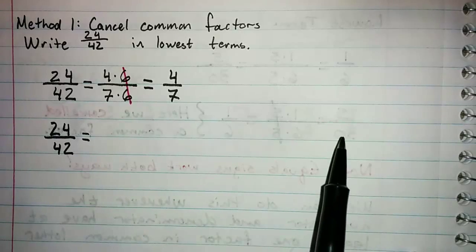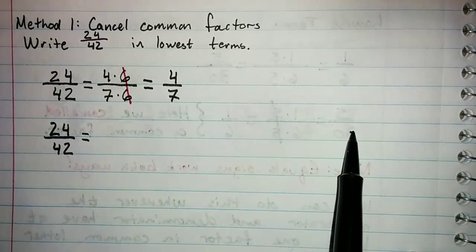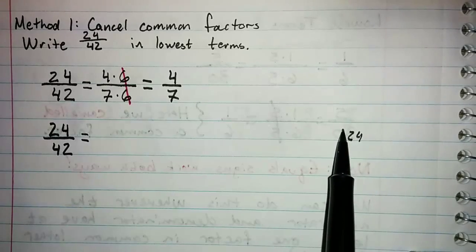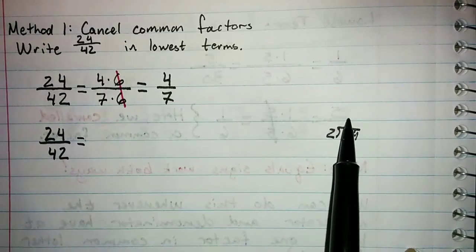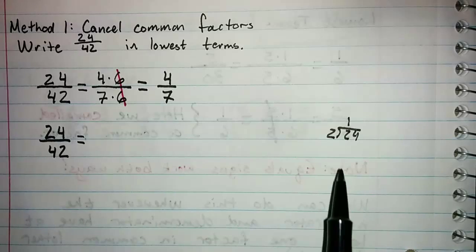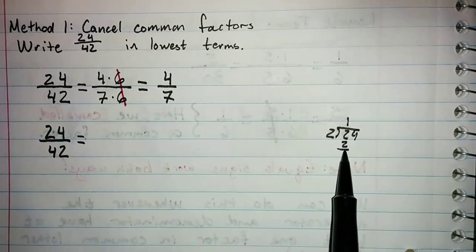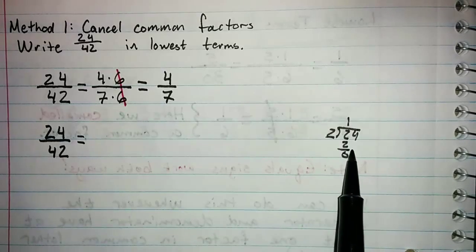So, let's see. 24 divided by 2. 2 goes into 2 once. 1 times 2 is 2. 0 left over.